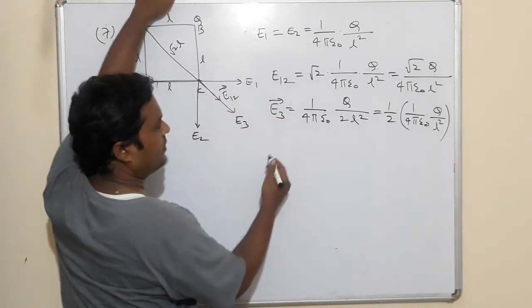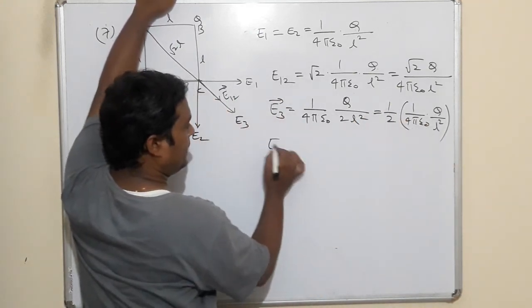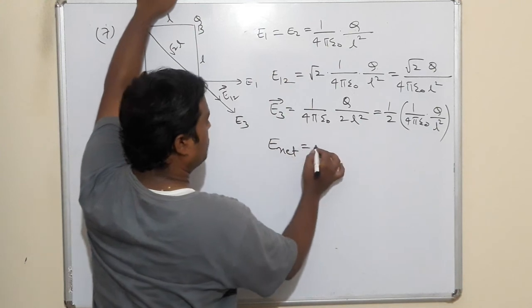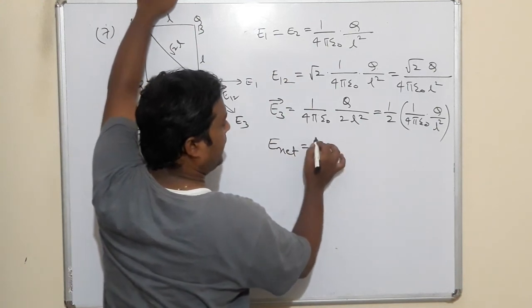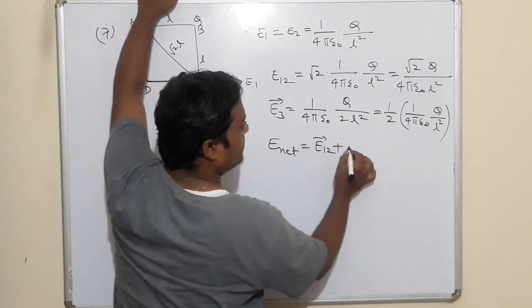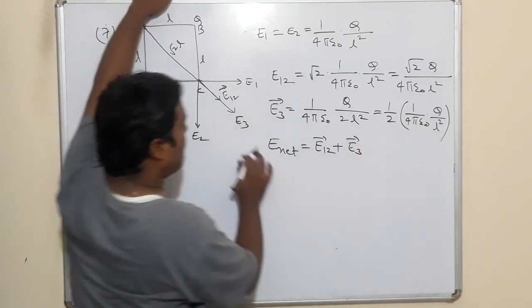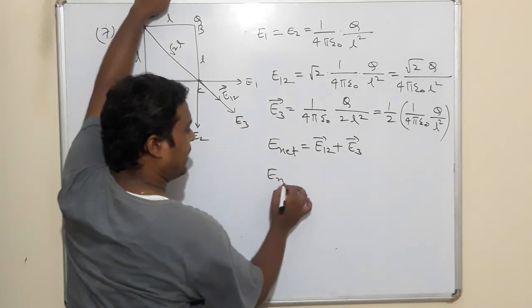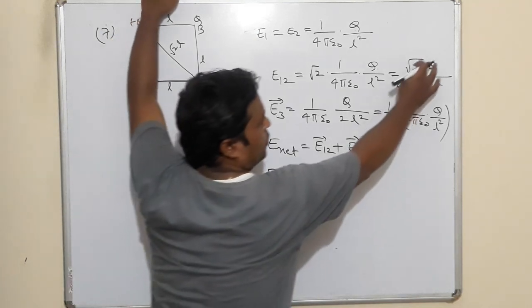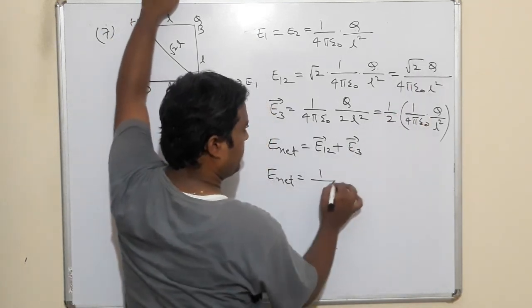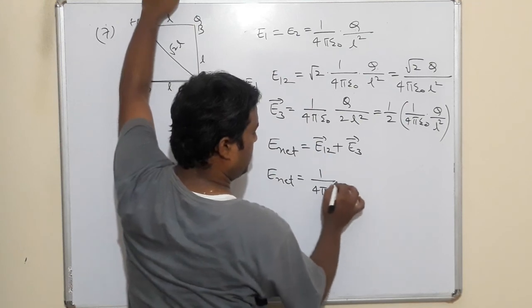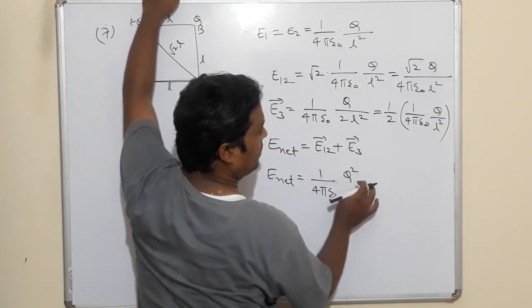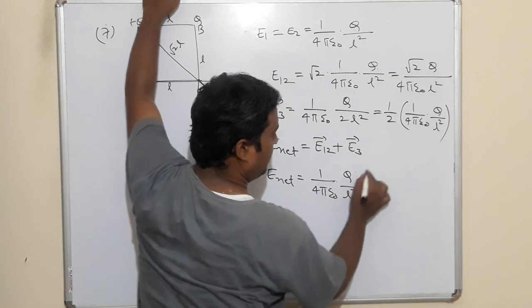Half is here. Then E net will be equal to the resultant of 1 and 2 plus E3. Why am I adding these two? Because they are in the same direction. To get E net, if we add these two, what is common? 1 by 4 pi epsilon naught q by L square is common.